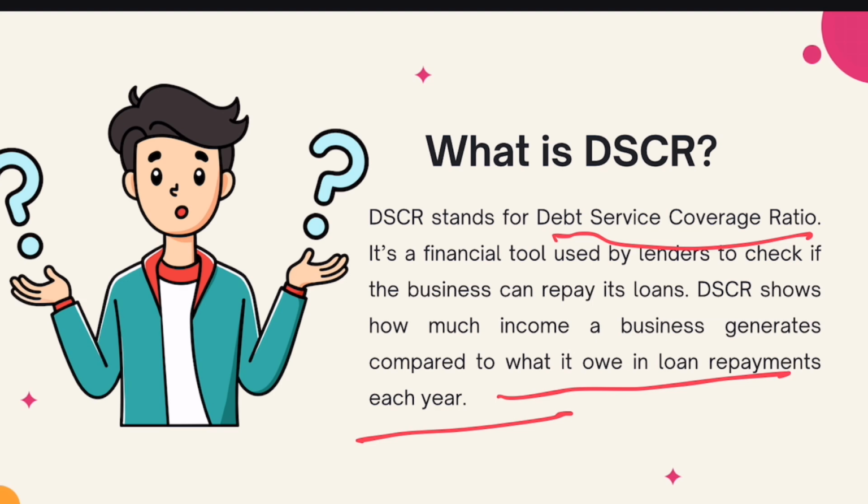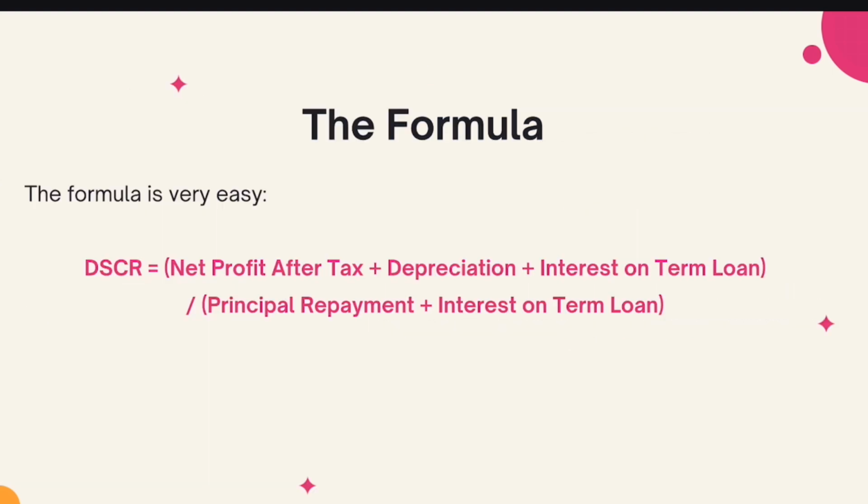Think of it as your business's ability to pay its debt. Okay, like checking if you have enough monthly income to pay your EMIs, just like you would not take an EMI of 50,000 if your salary is only 40,000. Even banks won't give loans to businesses that can't comfortably service their debt, right?